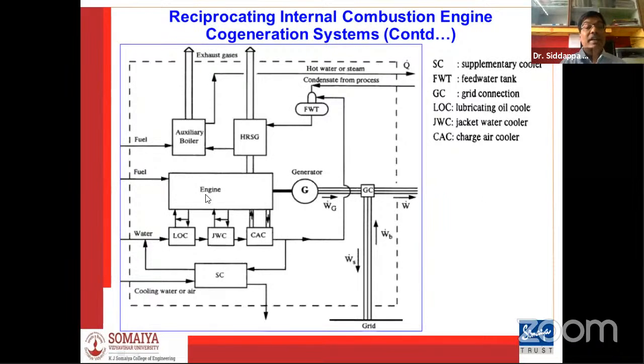Let us see, you have an engine here. Generally in thermal power plants or gas turbine power plants, we generate high pressure gas at higher enthalpy. But as the gas expands in the turbines at different stages, the enthalpy of the gas decreases and the pressure decreases.